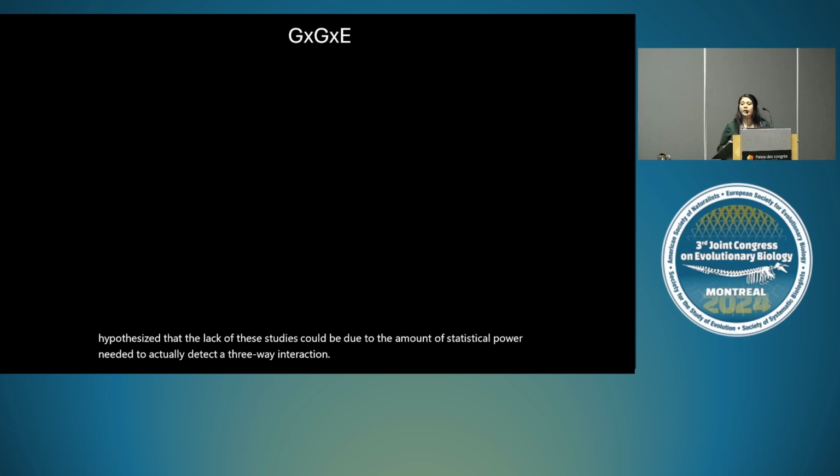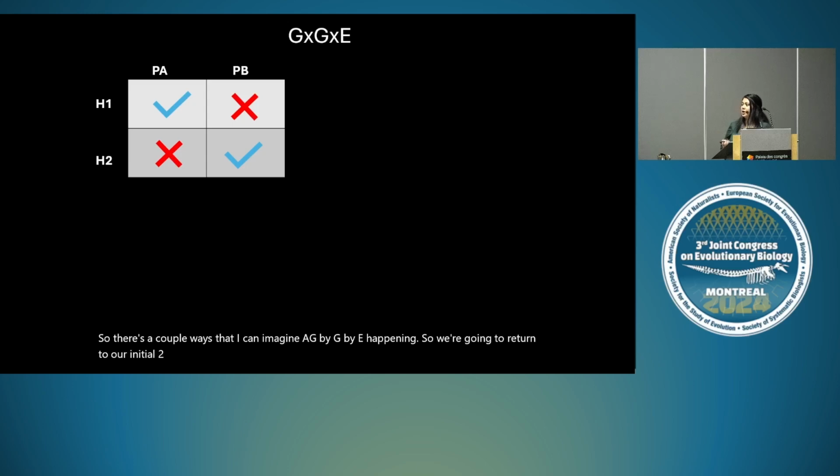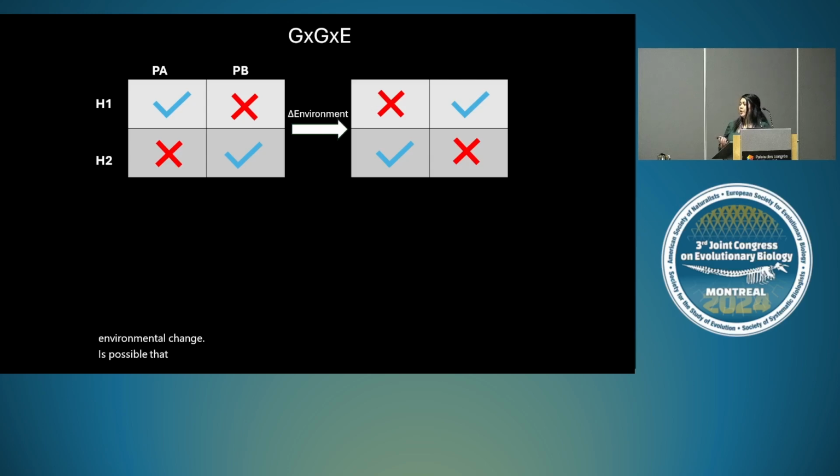So there are a couple of ways that I can imagine a G by E happening. So we're going to return to our initial 2 by 2 matrix here. If we have an environmental change, any environmental change, it's possible that the rank order of the compatibility can change.